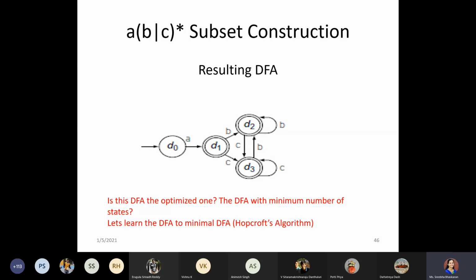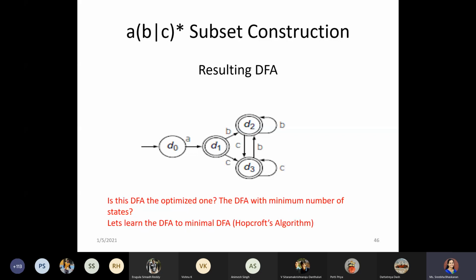Why fewer states? Because we require space for storing the DFA. So if you can minimize it and store it, that is what is advised, so that the space consumption can be reduced.